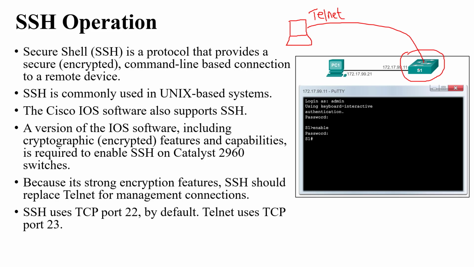So, for example, Telnet 10.0.0.1. I make a very simple IP address, but in your slides it is given 172.17.99.11. By using this IP address, I'm going to enter into this switch.